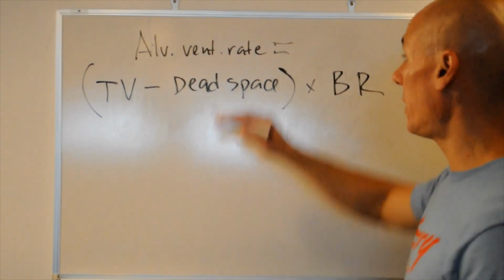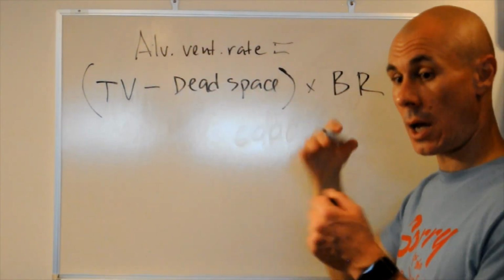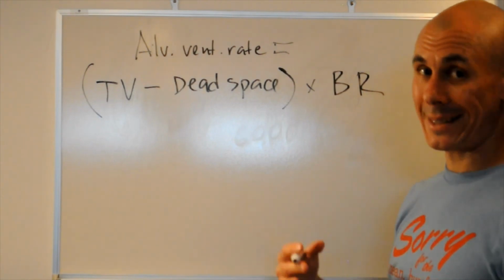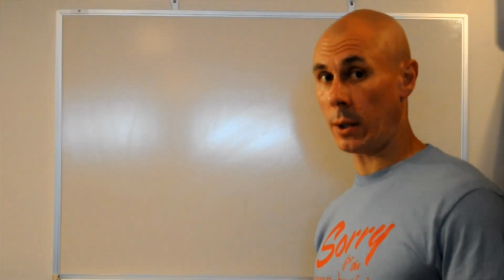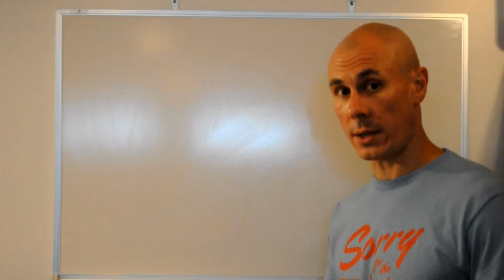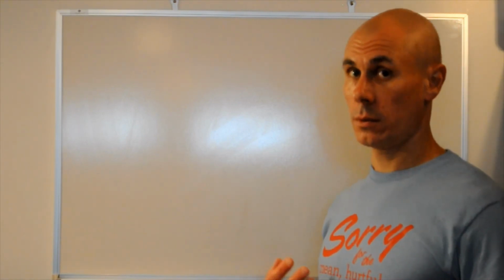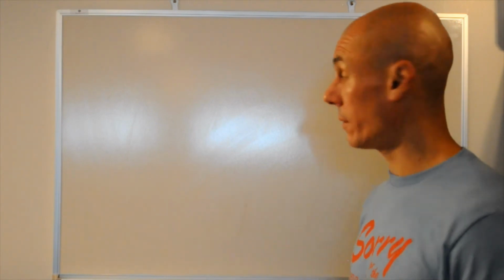So now you can see that alveolar ventilation rate is an actual amount of air that gets into the alveoli. The question, what's better? To breathe faster but don't take too deep of a breath, or vice versa?